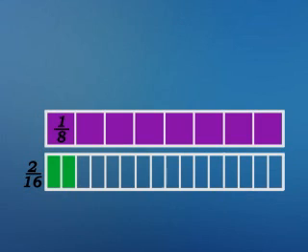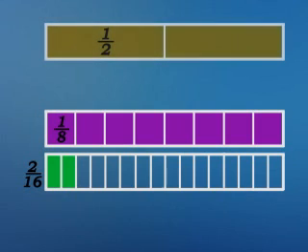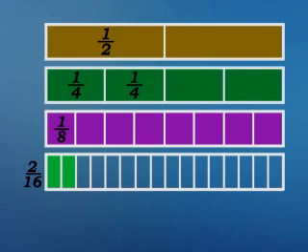Let's look at the block with the halves. Remember, 1/2 was the same as 2 quarters. But you can also say 1/2 is the same as 4/8. 1, 2, 3, 4.